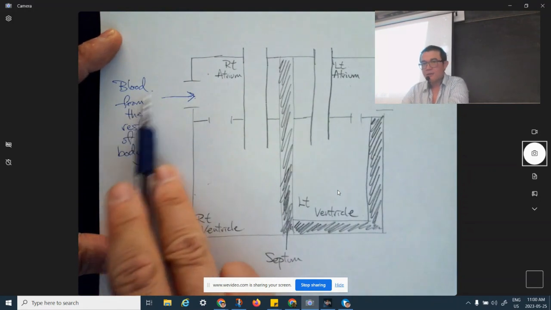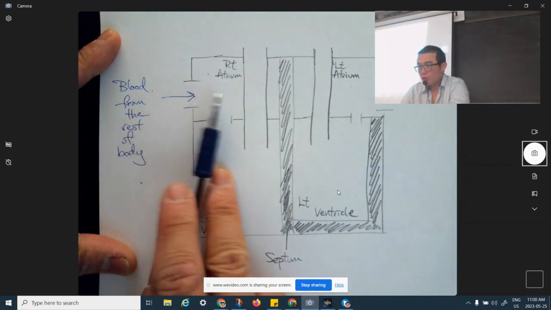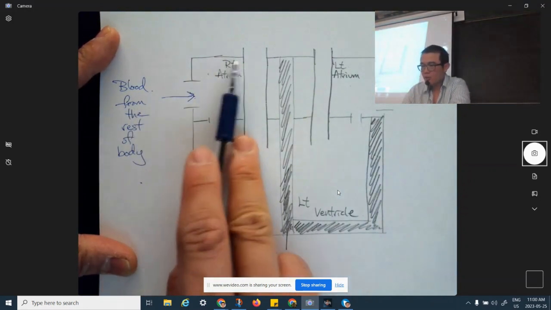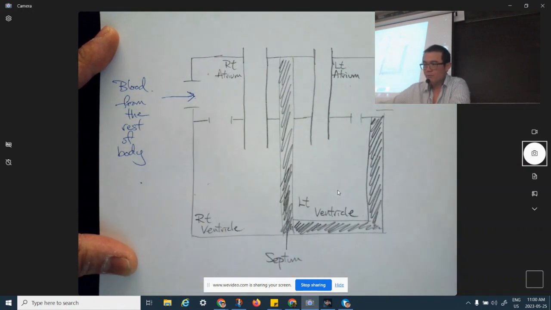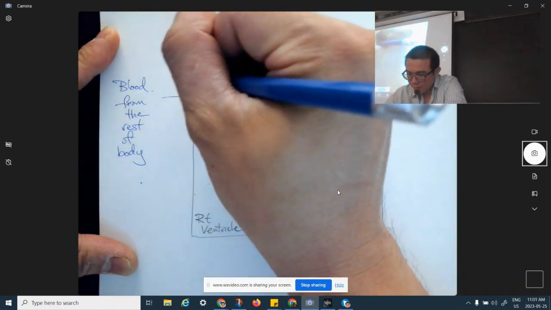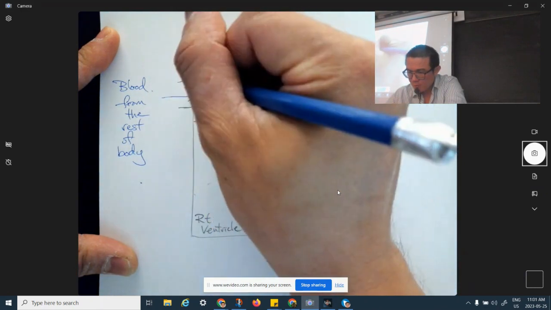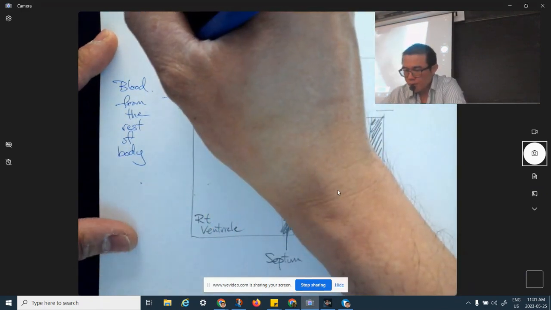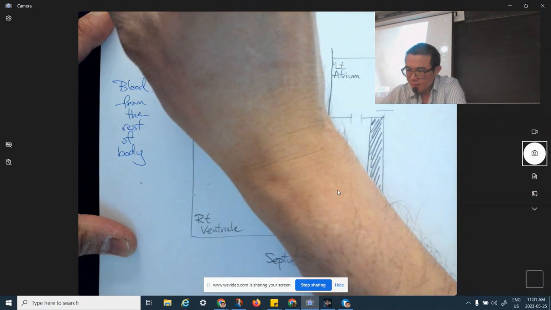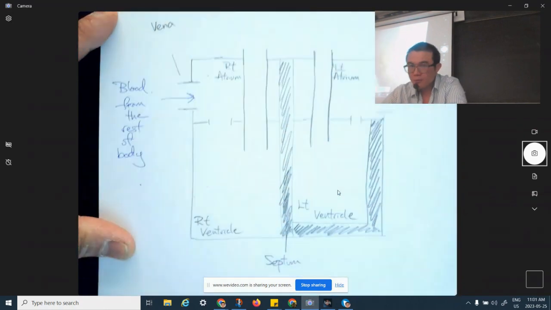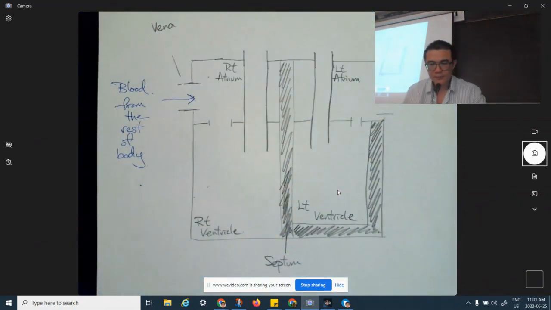So in this case, deoxygenated blood will go back to the heart into the right atrium through this major blood vessel called the vena cava. Vena cava.